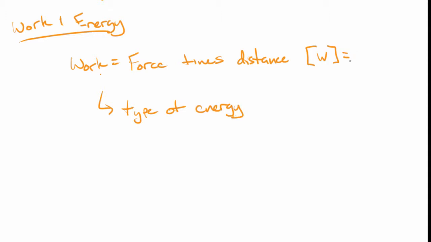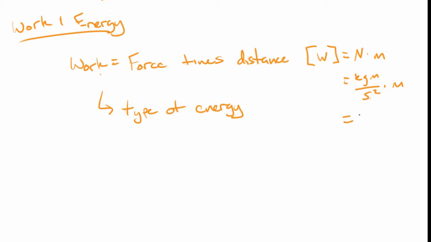Well, it's a force times a distance, which means it's a Newton times a meter, or a kilogram meter per second squared times a meter. Or a kilogram meter squared per second squared.